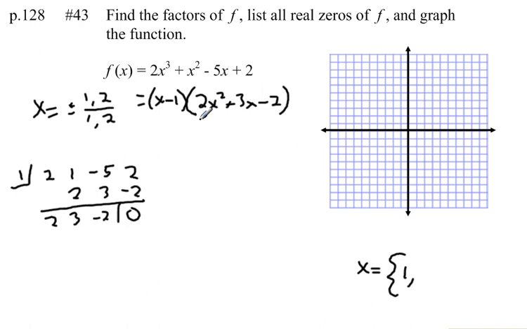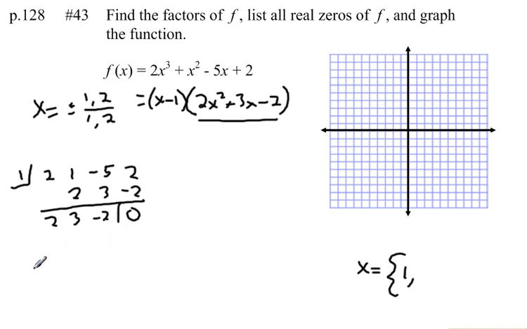Okay, now I still need to break down this part right here. I can break it down a few ways. I could use synthetic division again, find a number that works by plugging it in here. Or I could try to factor this, or I could use the quadratic formula. Now I think I probably can factor this, but let's use the same method we used before.